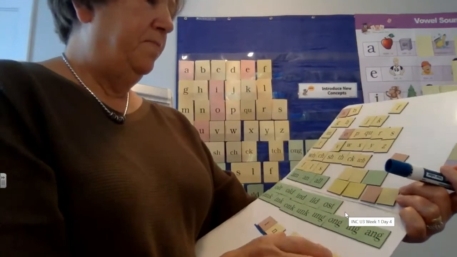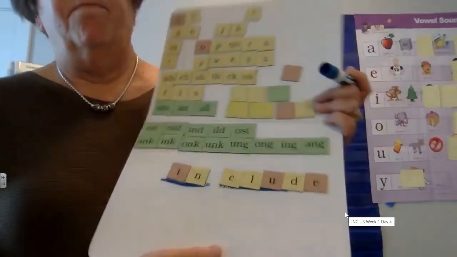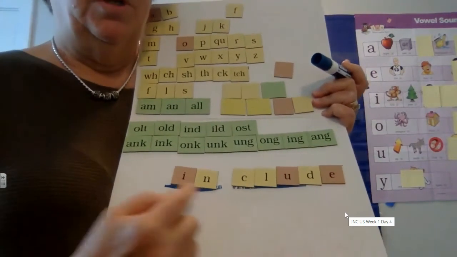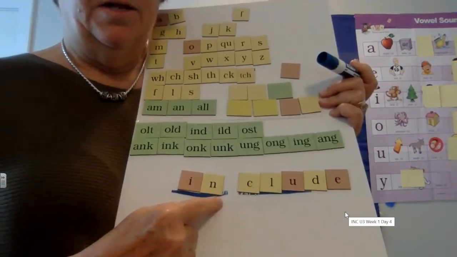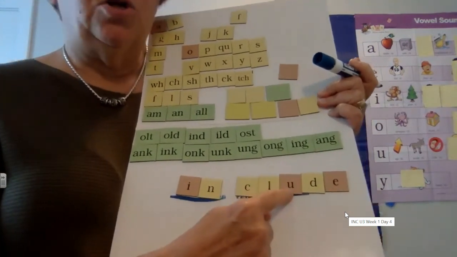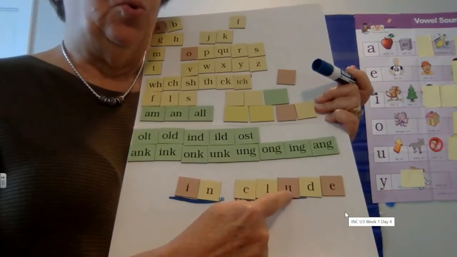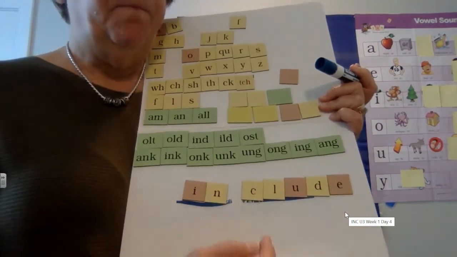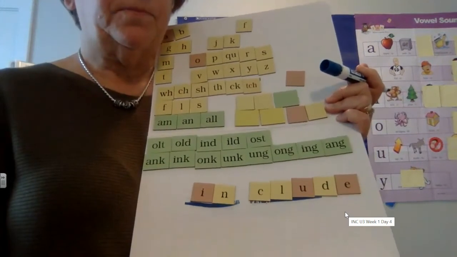That's a long one. Let's check. Include. I-N-C-L-U-D-E. I heard that long U sound. Clued. Remember the oo? That can be U consonant E. Include.